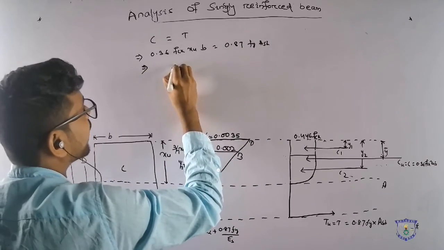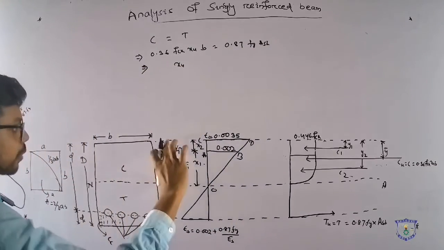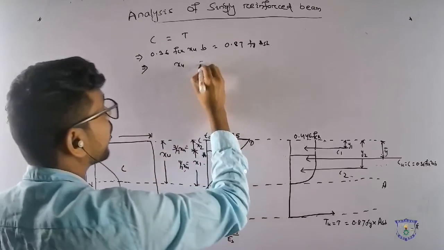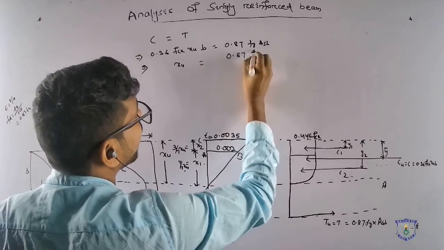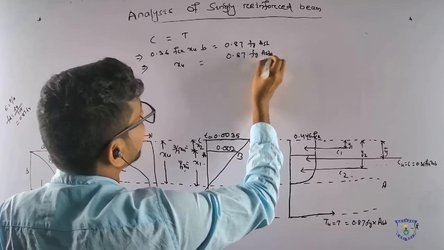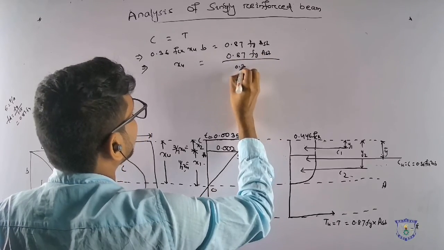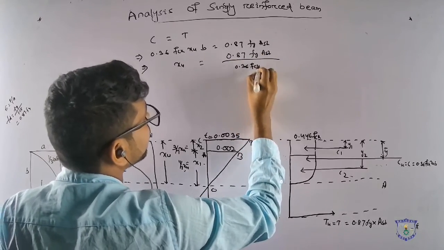So what is the value of XU, the depth of neutral axis? XU equals 0.87 Fy AST divided by 0.36 FCK into B.